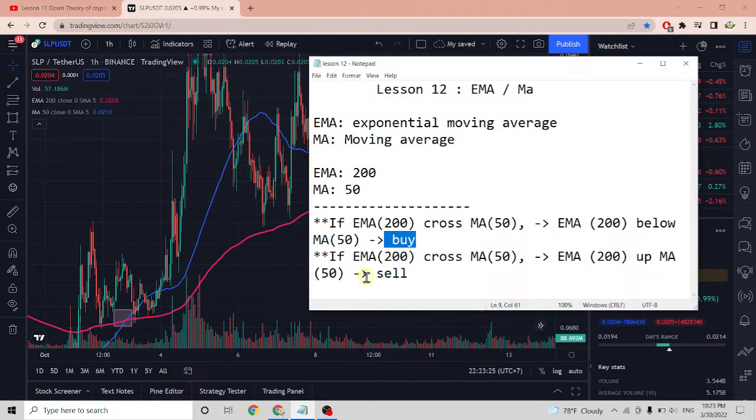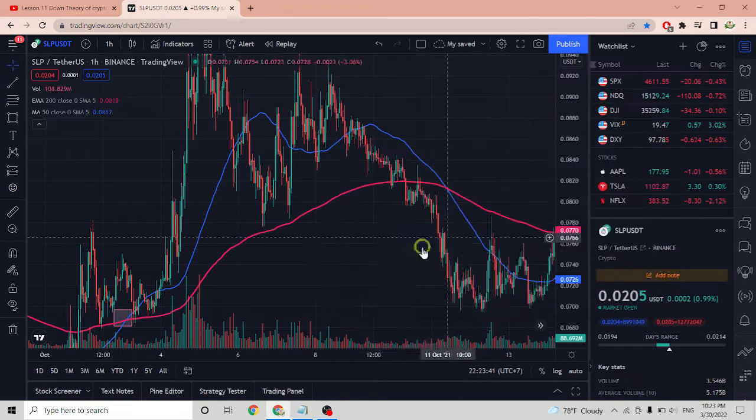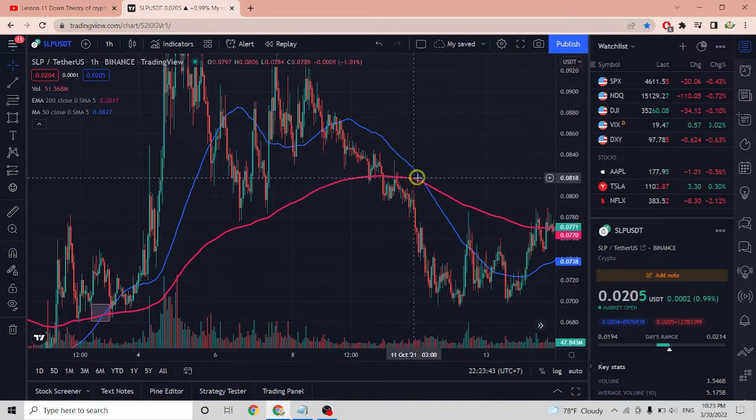So here, stop. Let's see the theory again. If EMA crosses MA, and EMA is up, or EMA is above MA, you must sell. So see, EMA is up, MA is below EMA, so the graph is going down.